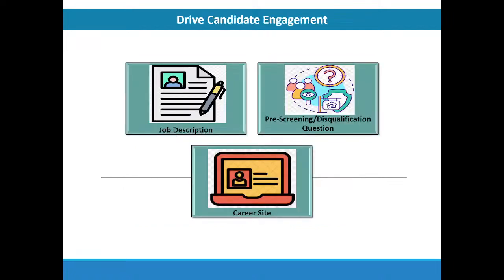Next, we have the drive candidate engagement. So as a part of driving candidate engagement, let us take a look specifically at how the hiring team identifies the talent needs of the organization and then structures a job description to advertise for the vacancy. So for that, first we have to define the job description.